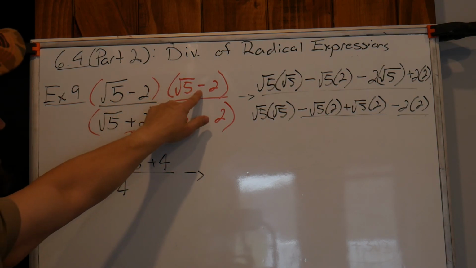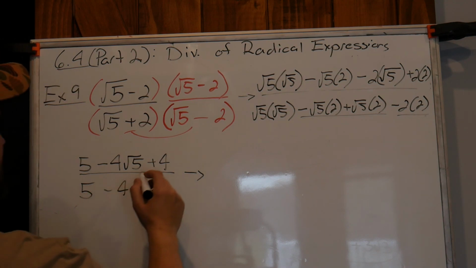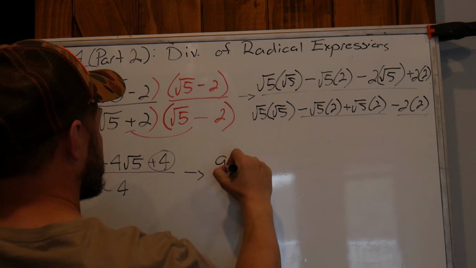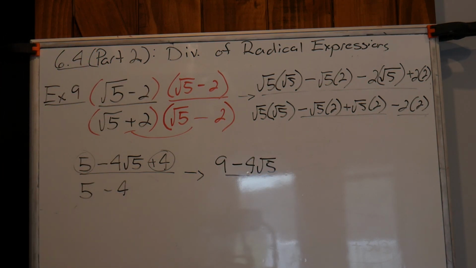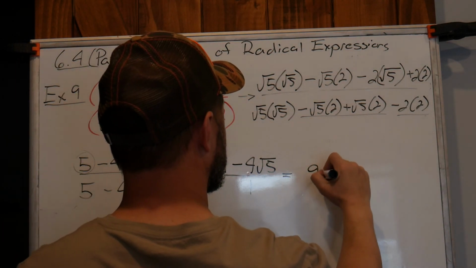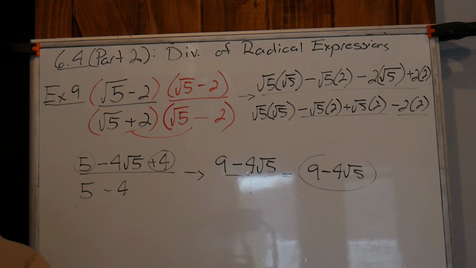Up here they gave us the same amount, so it's a minus b squared, which is different. Okay, so I'm going to combine 5 plus 4. That gives me 9 minus 4 times the square root of 5, all over 5 minus 4, which is 1. So I just write 9 minus 4 square root of 5.